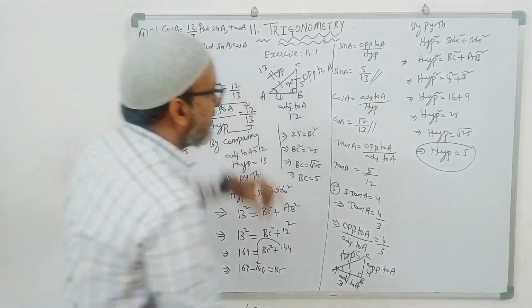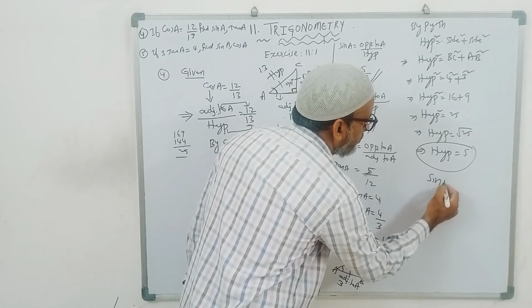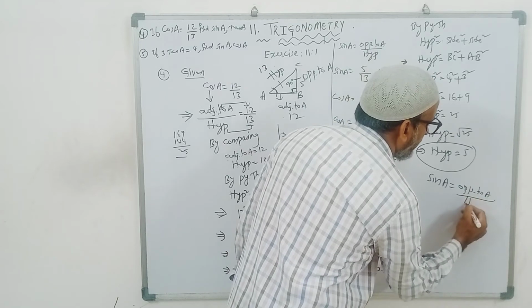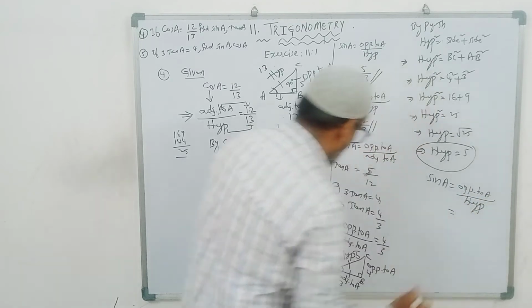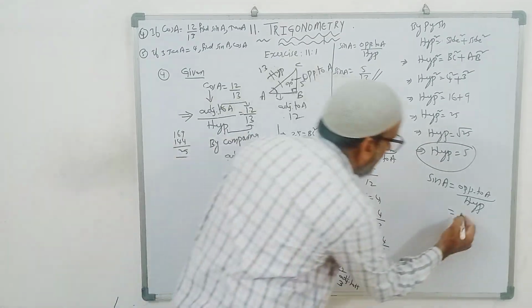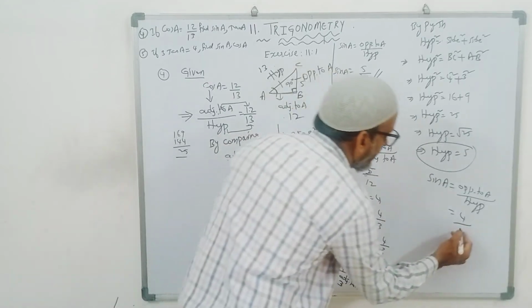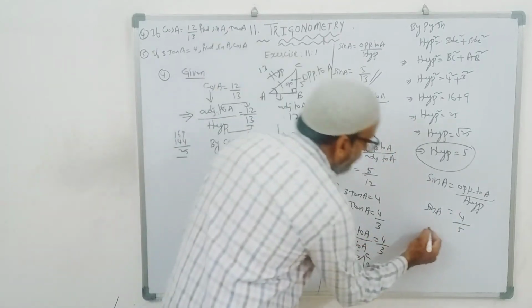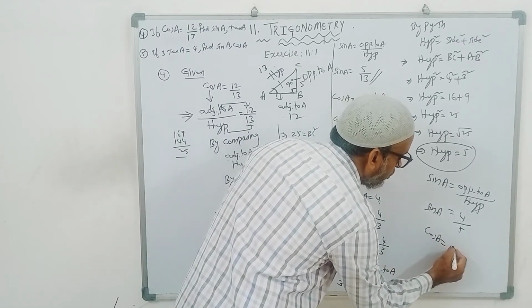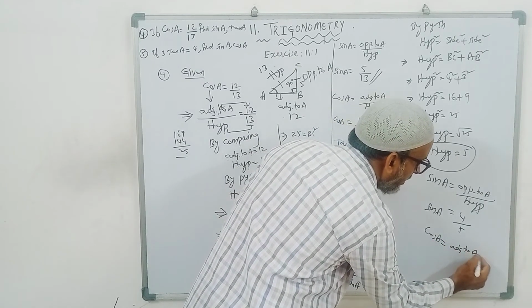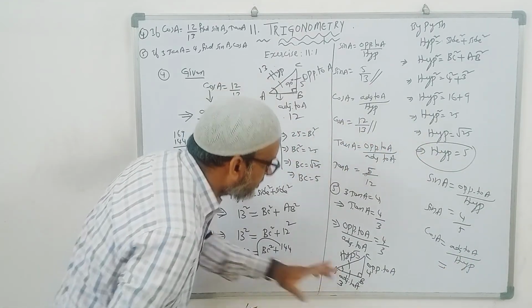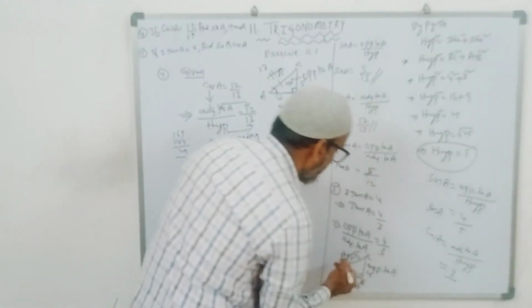Now what is being asked? Find sin A. With this you can find any ratio. Sin A is equal to opposite to A by hypotenuse, which is 4 by 5. This is the value of sin A. Next is cos A. Cos A is equal to adjacent to A by hypotenuse, which is 3 by 5.